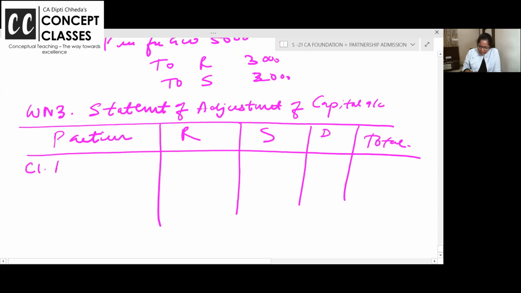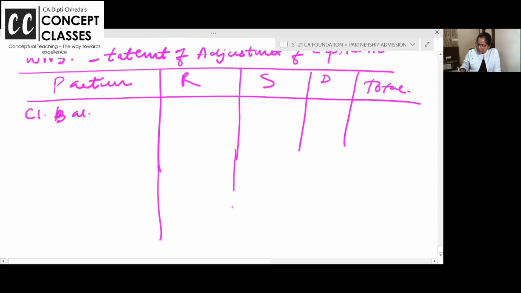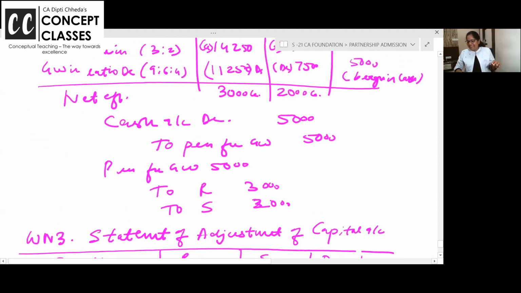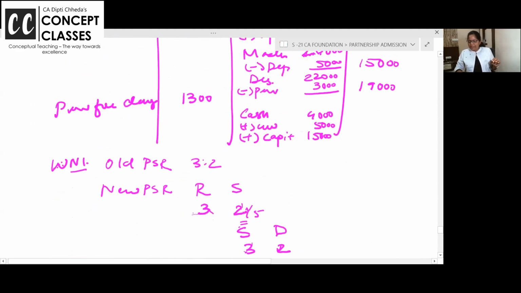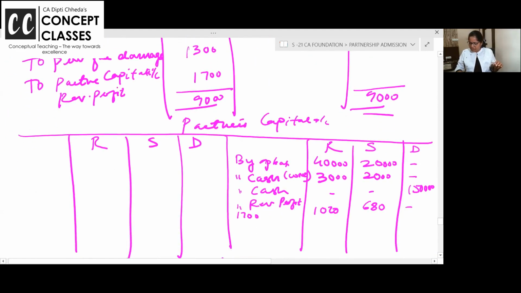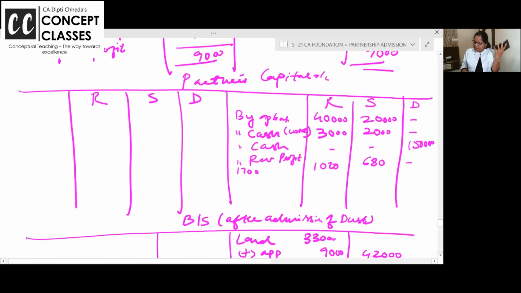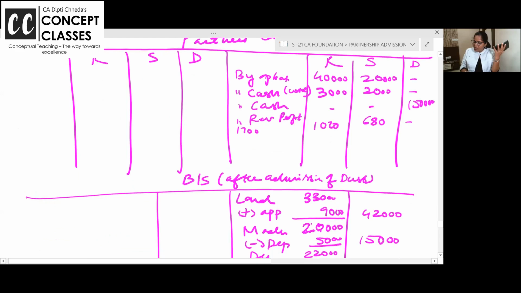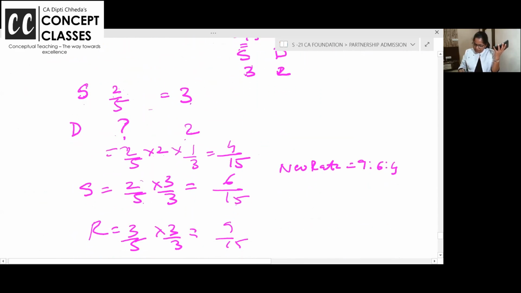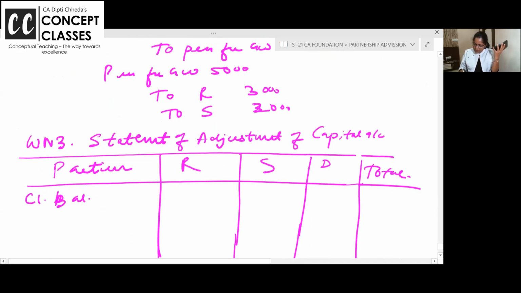Can we quickly write what is the closing balance right now? Tell me, how much is the closing balance? You have to calculate and write, dear students, but don't write it in the main answer because you want it to change. How much is Rain's capital? Easy, orally you can do. 44,020.